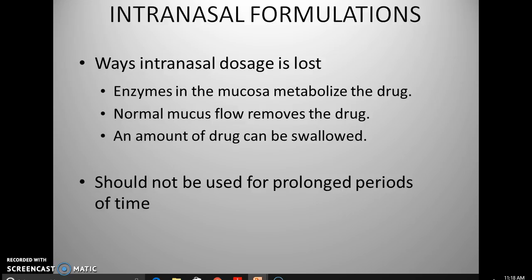The lower mucus flow that goes from the nasal cavity back down into the esophagus may remove the drug before it is absorbed. And then there's only a certain amount of drug that can be shepherded through the nasal cavity. And because of that, intranasal formulation should not be used for very long periods of time.